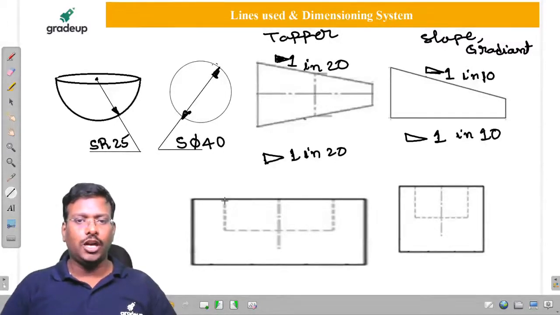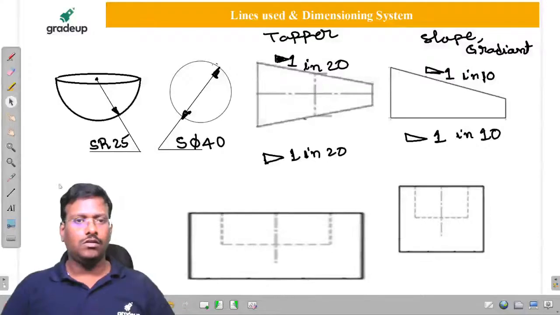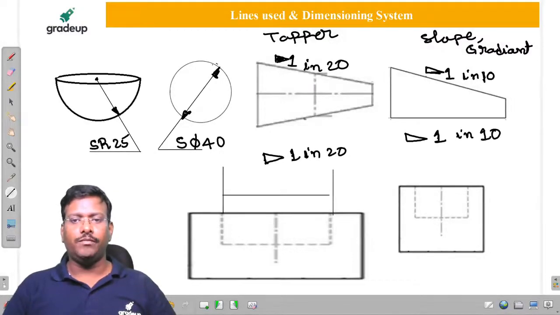Draw the extension line. Here also extension line. Then the dimension line. Then with the arrowheads we have to give it.